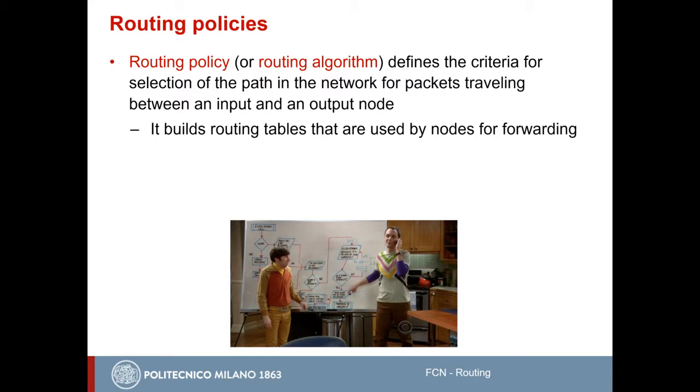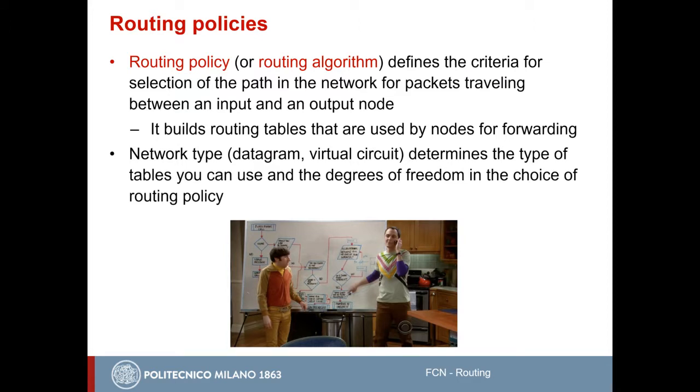The routing policy must be there in order to select between different possible paths. It usually corresponds to a routing algorithm, a mathematical formulation of the problem that allows you to find a specific path among different alternatives.